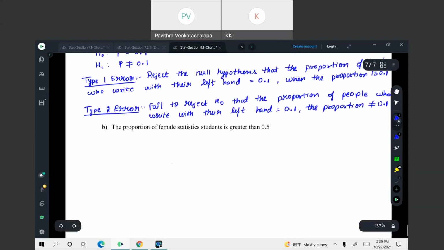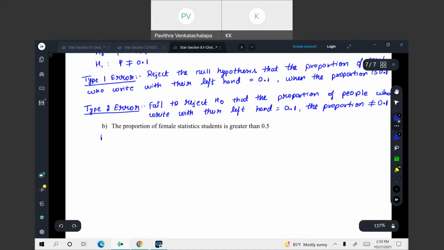Now, for the second example, H naught is p equal to 0.5, and the alternative hypothesis is p greater than 0.5. Now how do you write type 1?